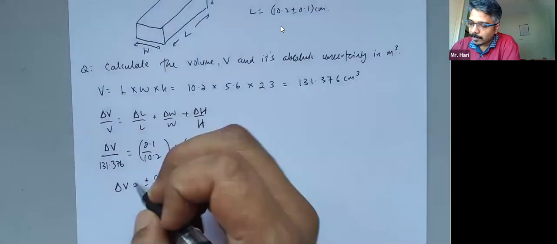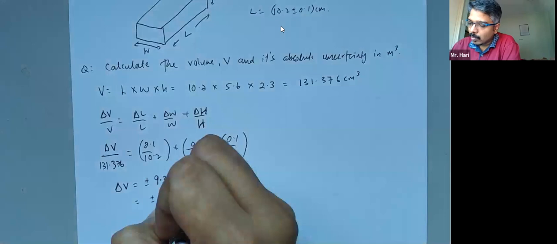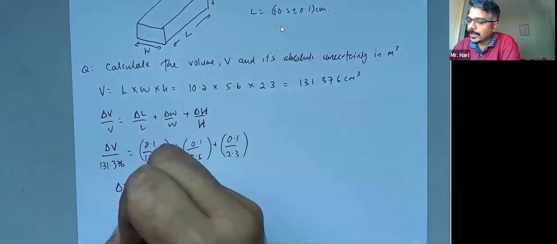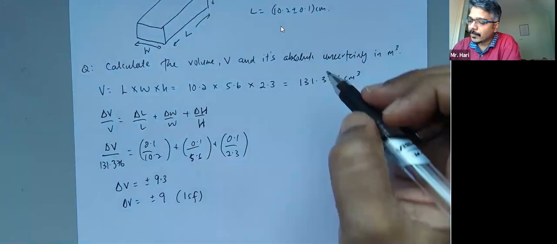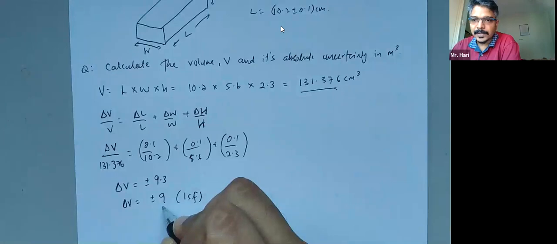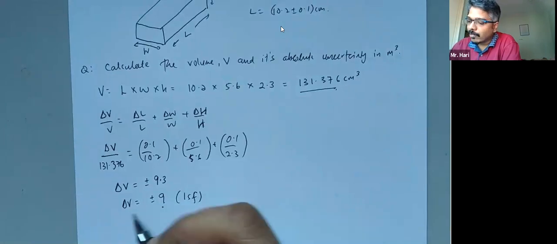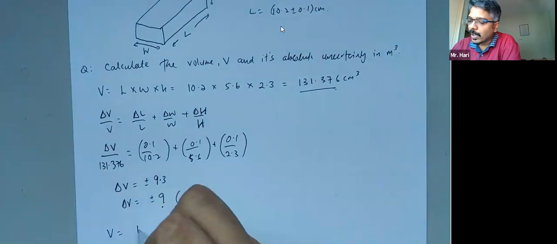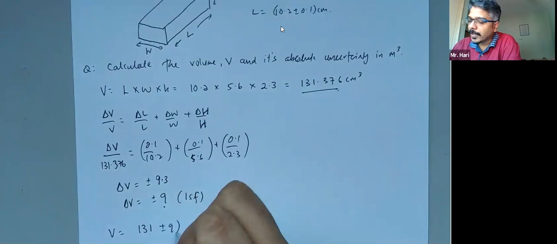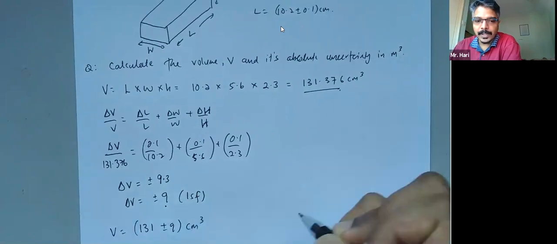So therefore it's plus minus 9, 1 SF. So in this case, for this answer, we have to follow the decimal point of this, which is in terms of units of 10. Therefore, V is 131 plus minus 9 centimeter cubes.